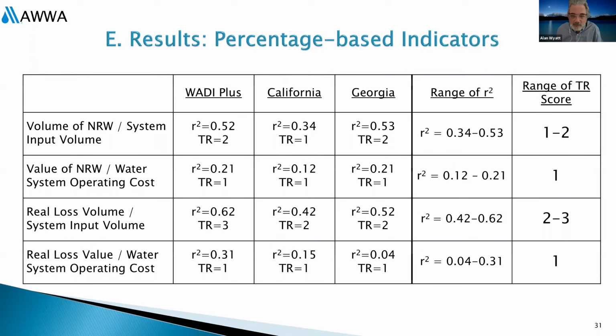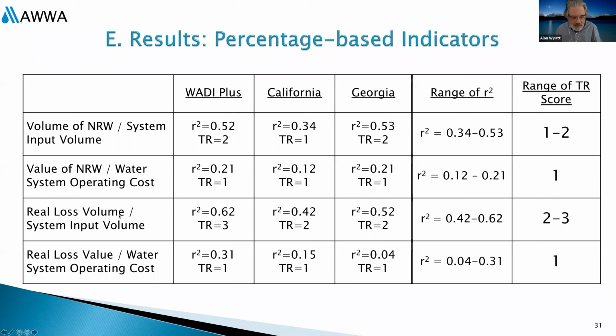And the hope was that this would be some justification for the unrigor of the percentage indicators. Whether that will change people's minds is another question. Anyway, it's 1 to 2 for volume over system input. The cost one is very low.